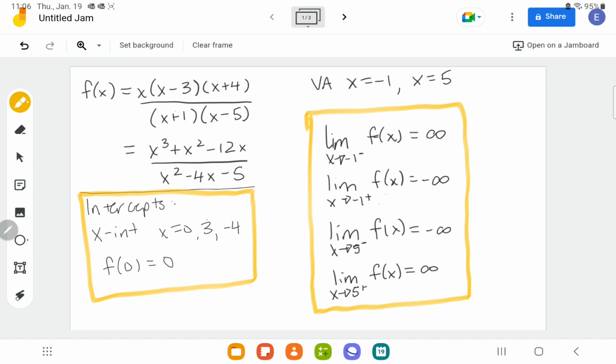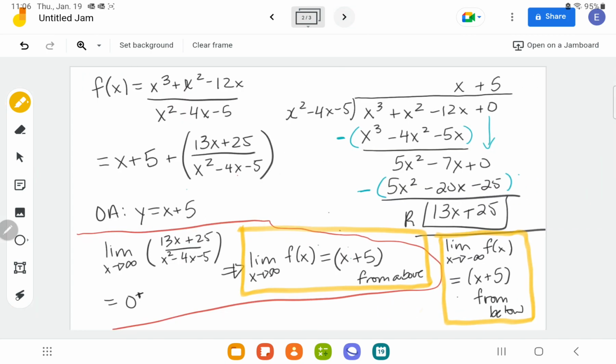So all of the rest of the stuff is like your rough work, but the stuff in yellow, that's what I'm looking for. If that's correct, then I'm going to just glance over your rough work. But what I really need to see for full communication is the stuff that I've circled here in yellow, outlined there, and this kind of notation talking about how you know which way the function is approaching those asymptotes.